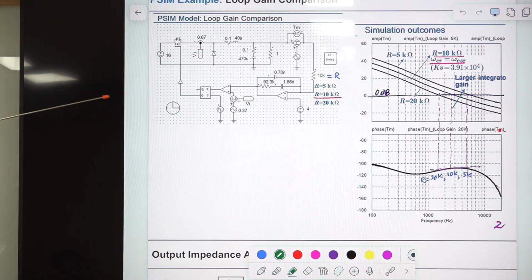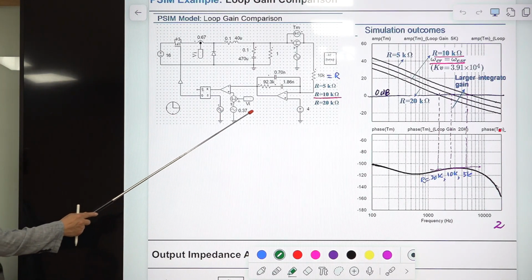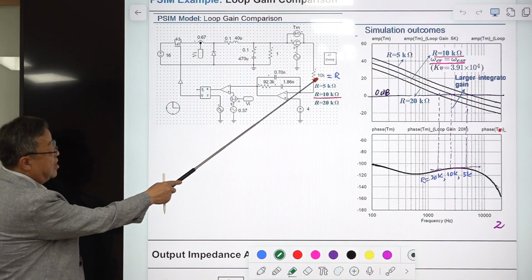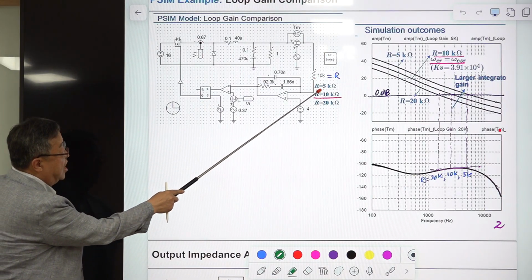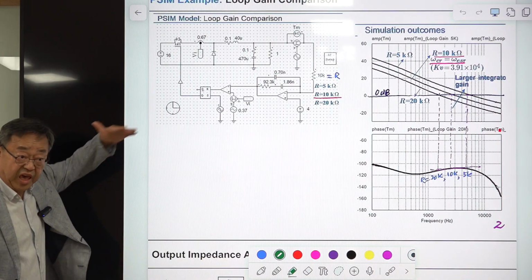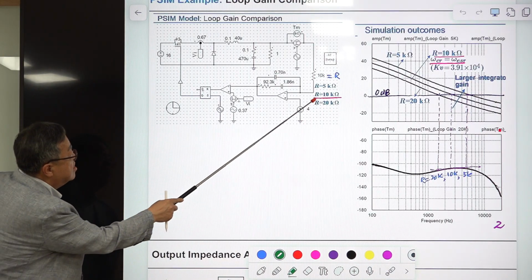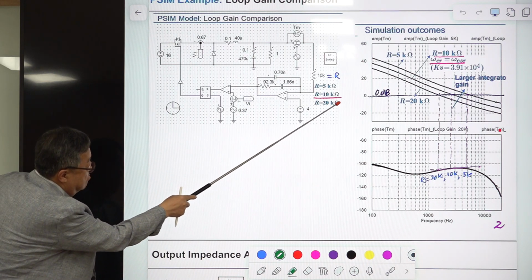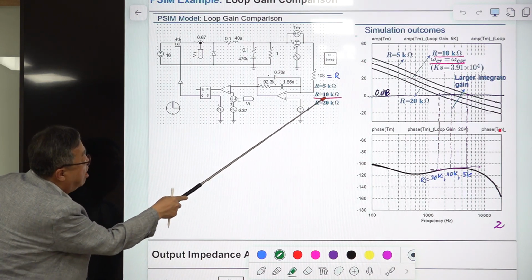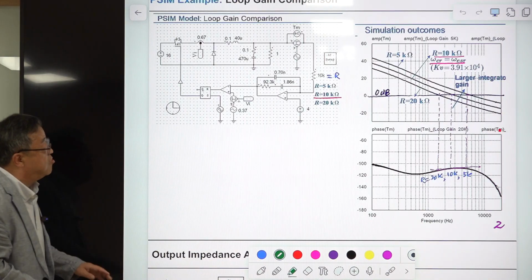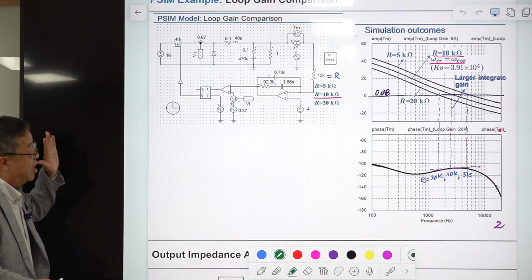I'm using the previous design, where we used R of 10K. If you decrease R by half, you are increasing the gain twice. If you double R, then you are decreasing the loop gain crossover frequency by half.